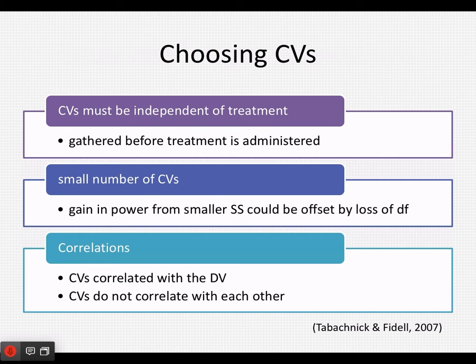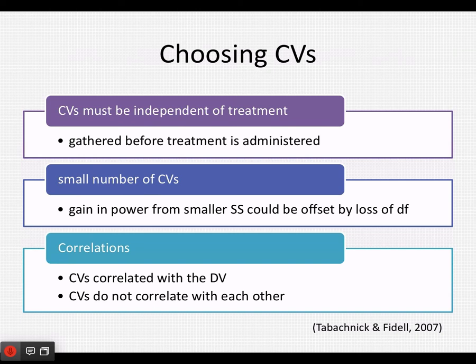And we don't want a large number of CVs, because sometimes you might think, covariates are so cool. You just drop it in that box, and it will take out the effect of that. I wanted to take out the effect of gender, ethnicity, age, this and that, so I'll just put all my variables in there, and it will control it really well, and what is left is the influence of the independent variable.